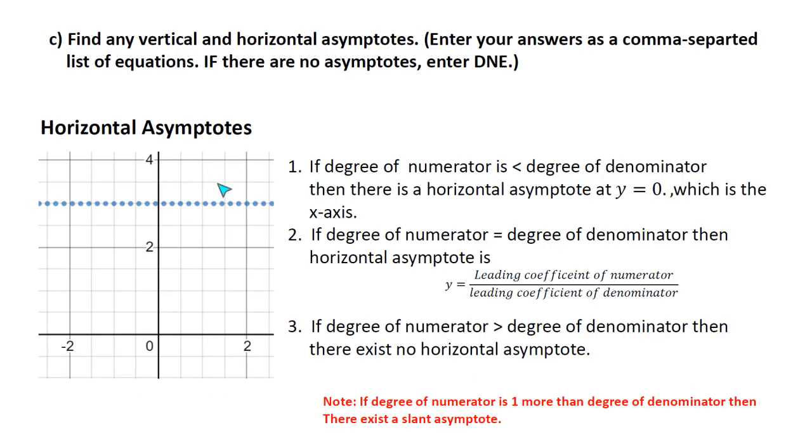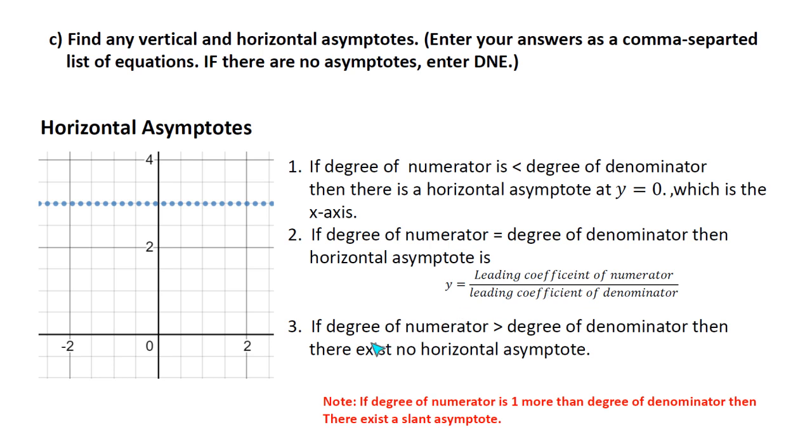For the horizontal asymptotes, there's 3 cases. If the degree of the numerator is less than the degree of the denominator, then your horizontal asymptote will always be at y equals 0. If the degrees are the same, then you have to divide the leading coefficient of the numerator by the leading coefficient of the denominator.